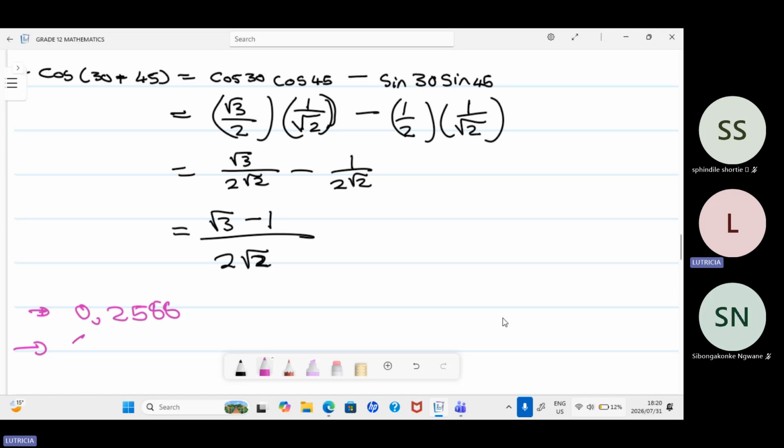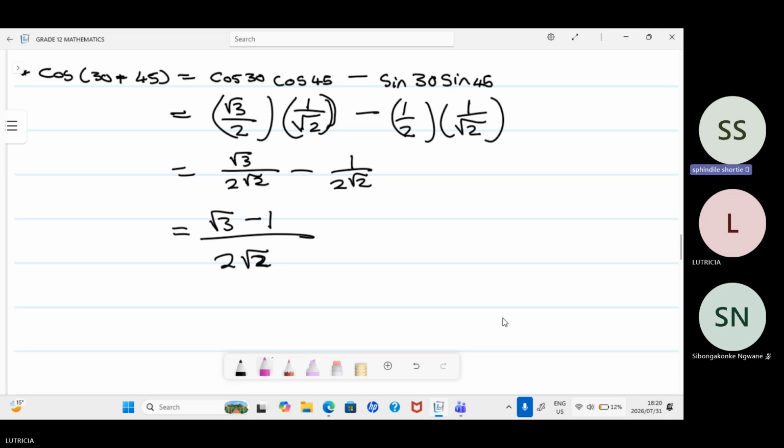Yep, it's giving me the same value. So which means we've done our calculations correctly. Do you now understand how to work with compound angles before we go to a complex one?